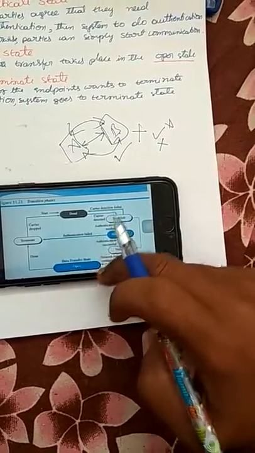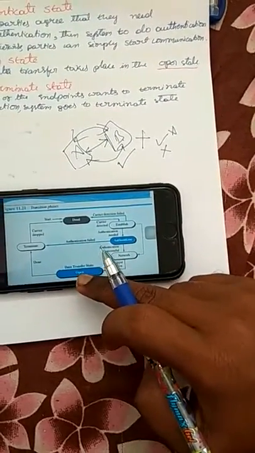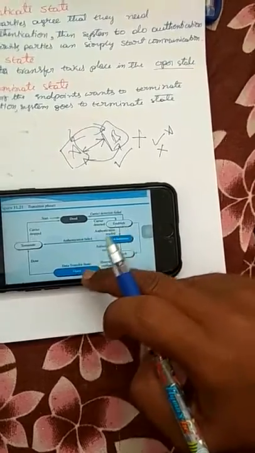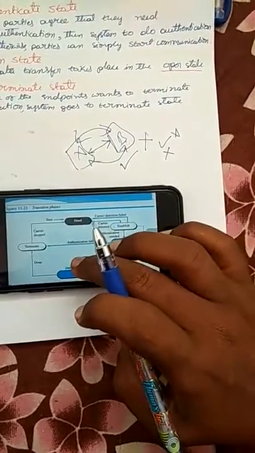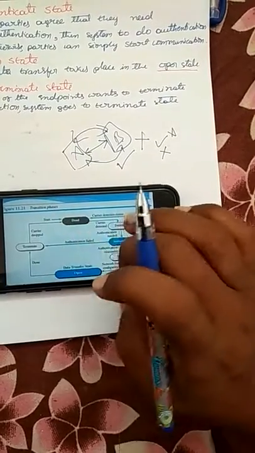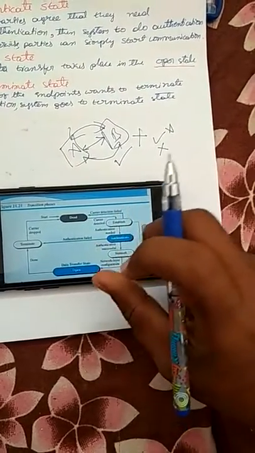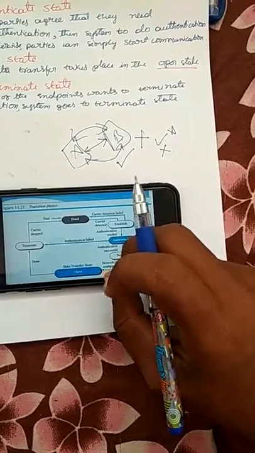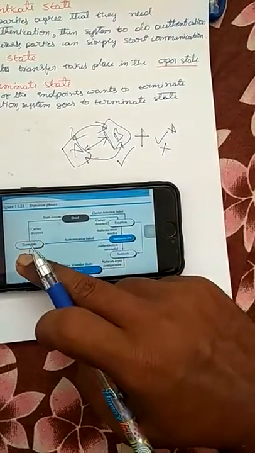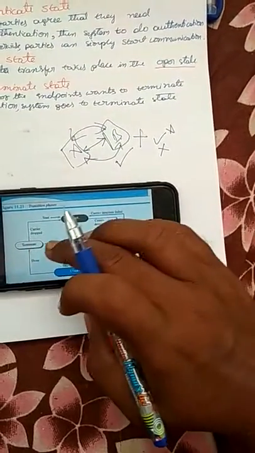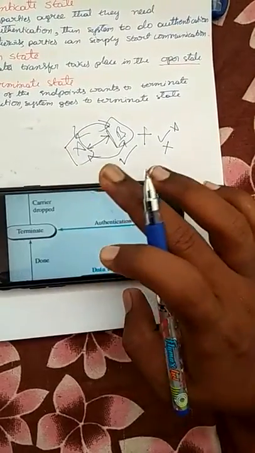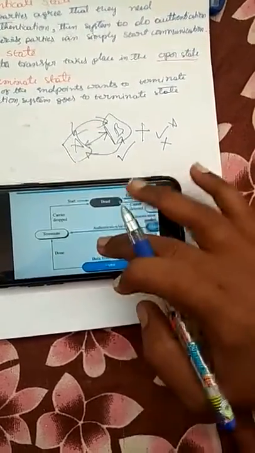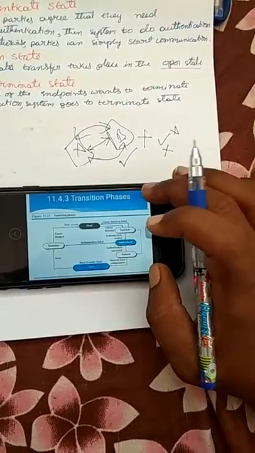The transmission of data happens in the open state. The open state will be in the active state, and this will be terminated when one of the parties wants to terminate, then it will move on to terminate state and then to the dead state. This is the transmission phases.